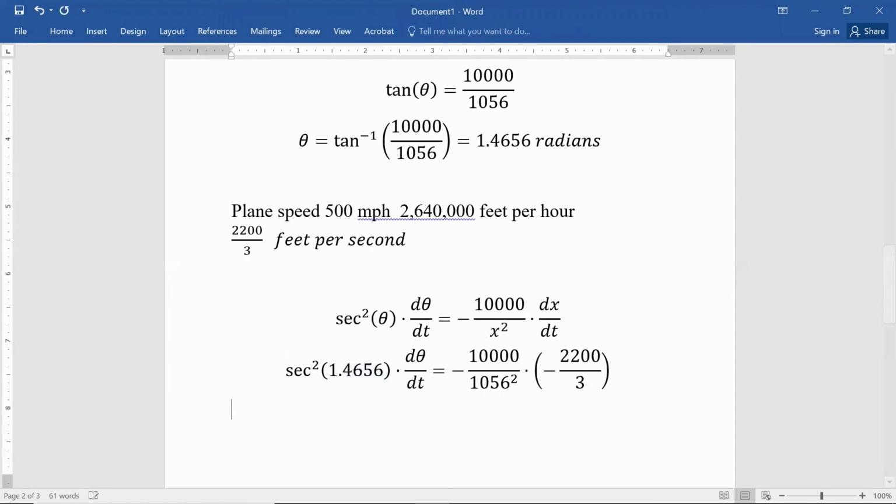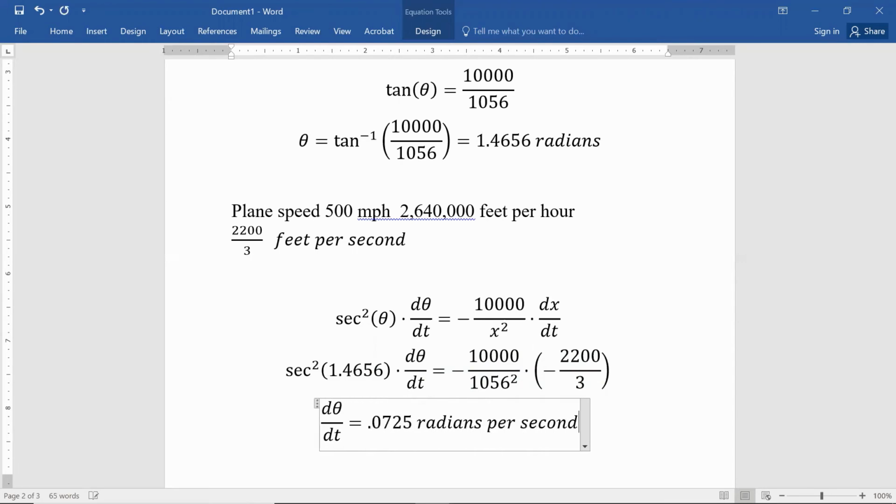And when I did all of that calculation, I ended up with d theta dt equaling 0.0725056, blah, blah, blah. Again, this is radians per second.